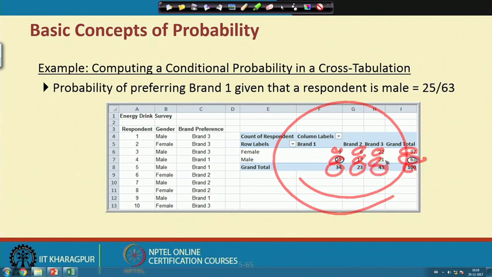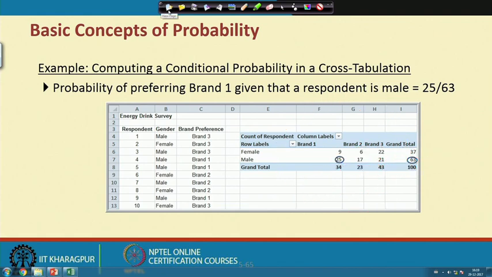All details are there, and the same information is the first-hand input; through cross tabulation we transfer it into this structure, which gives you a better structure through which you can project the problem and analyze it as per the need. So, moving towards the probability concept again, here we are interested to know the probability of preferring brand 1 given that a respondent is male.